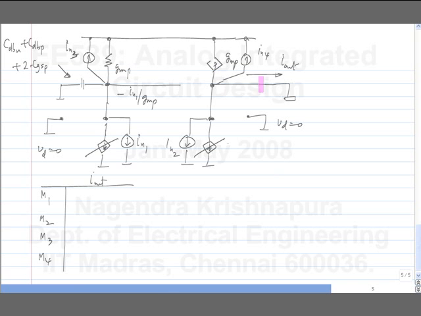So, at DC this is IN1. What about IN3? What about this source? Same. What about this? IN2. So, it is minus IN2.